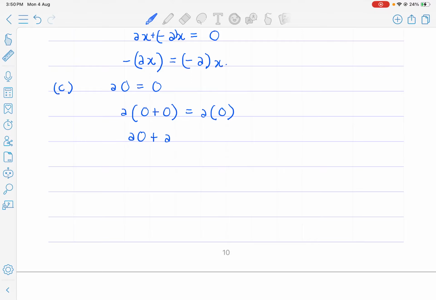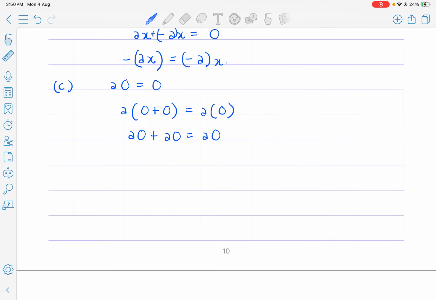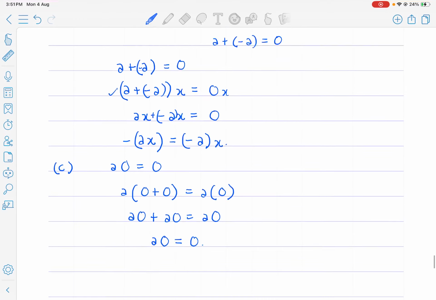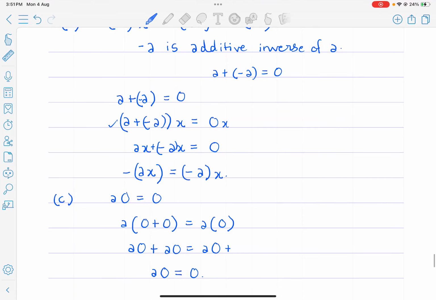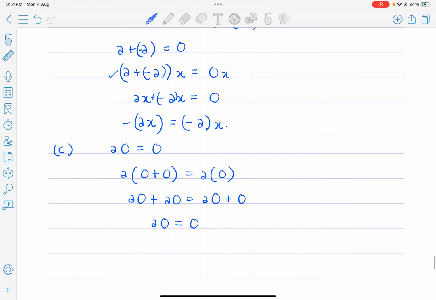And 0 plus 0 is 0, so this is a0. So a0 plus a0 is equal to a0. Now a0 cancels from both sides, and we get a0 is equal to 0. So this concludes the proof of C. That's it for this video.